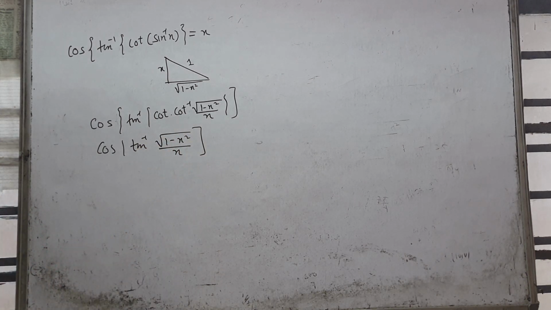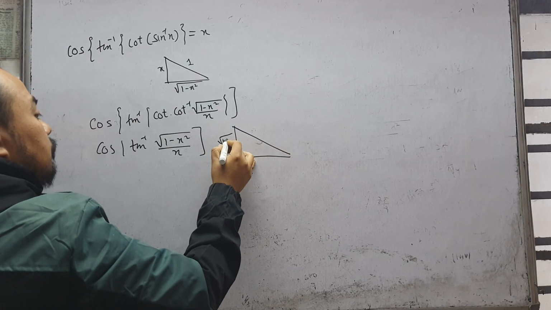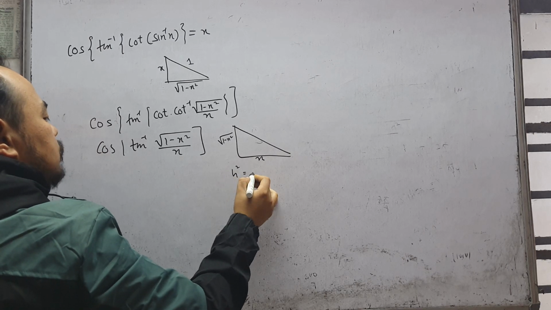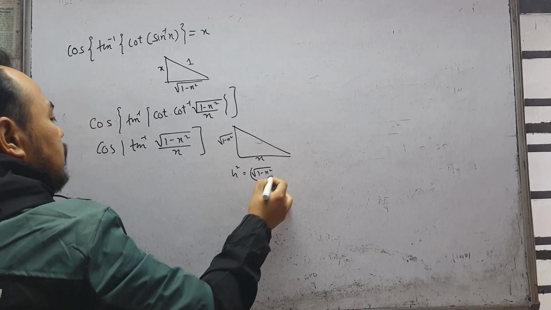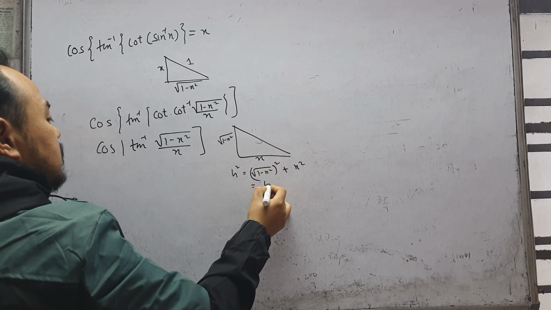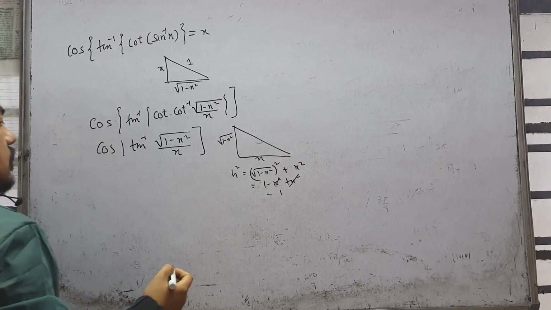Did you understand till here? Now tell me what is the tan to cos formula? So what will be the hypotenuse? Hypotenuse square equal to perpendicular square plus base square. So square and root get cancelled, so we are left with 1.